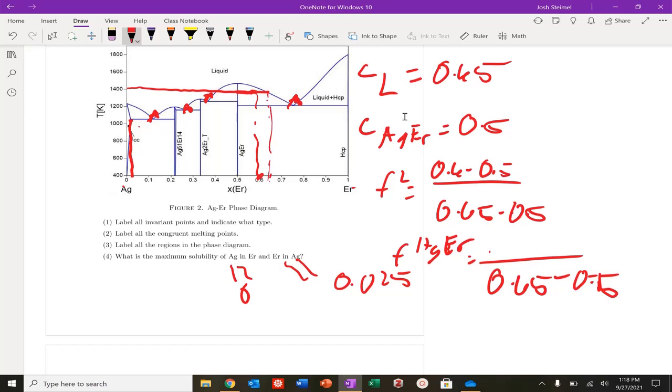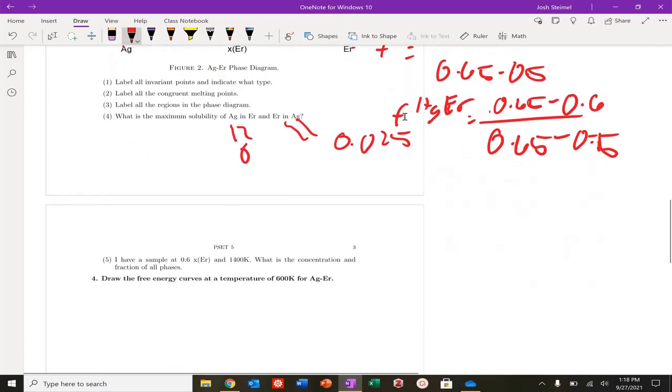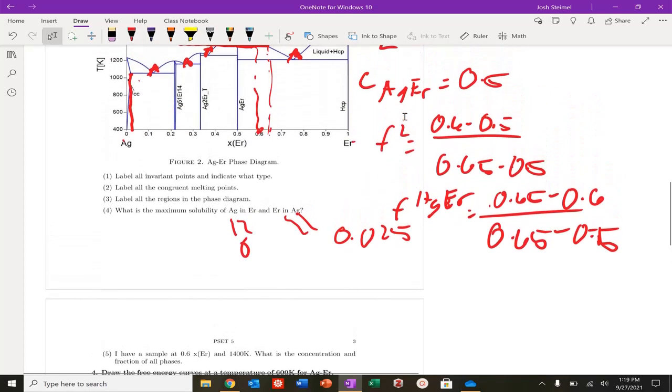Yep, exactly. And then my fraction of AgEr is going to be the opposite, 0.65 minus 0.5. That's it. Oh, excuse me, times 0.6. My mistake. 0.6. There it is.